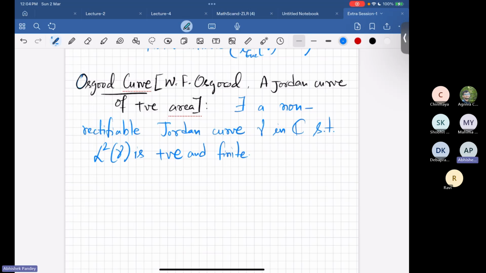This is quite surprising. We have a non-rectifiable Jordan curve such that this H^2 of gamma is positive and finite.